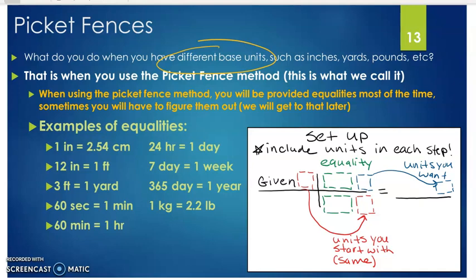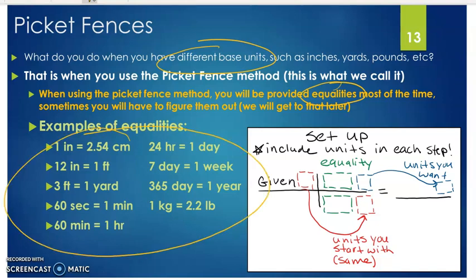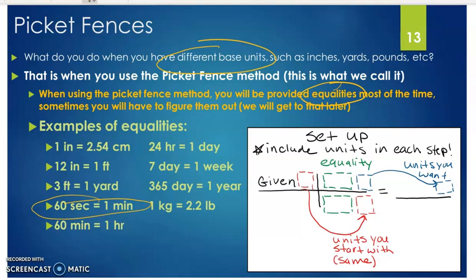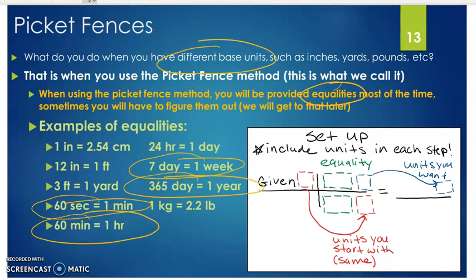So with the picket fence method, I will be providing you equalities. So what equals what? Most of these, if you don't know what they are intuitively, I will provide them to you. Most of you know there are 60 seconds in a minute, 60 minutes in an hour, 7 days in a week, 365 days in a year, 24 hours in a day.